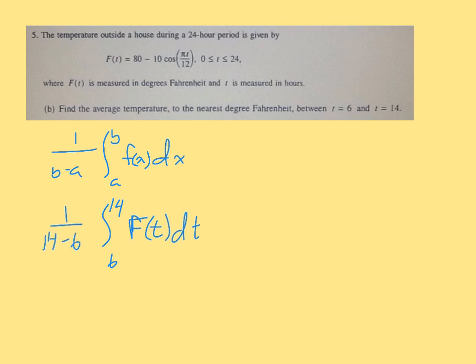So on my calculator, for this part right here, I'm just going to go second function, calculate, and then number 7 is the integral. So that's what I'm going to go through right now. I'm going second function, calculate, I'm going down to number 7, and my lower limit is 6, my upper limit is 14, and it's going to shade all of that area in.